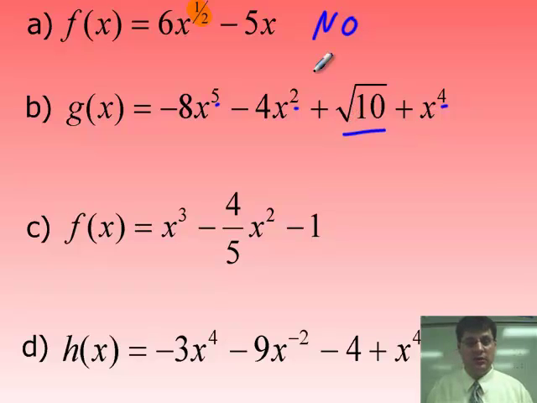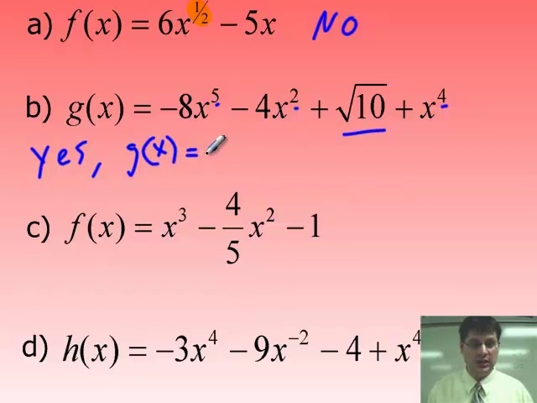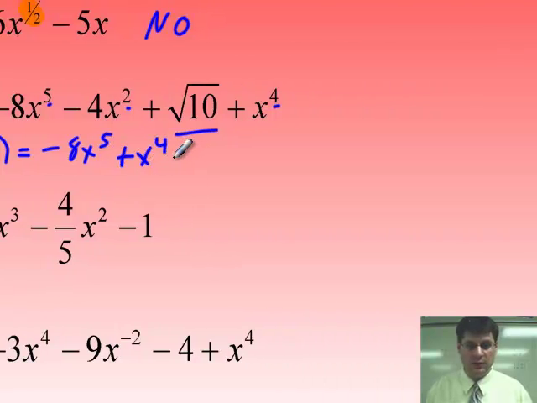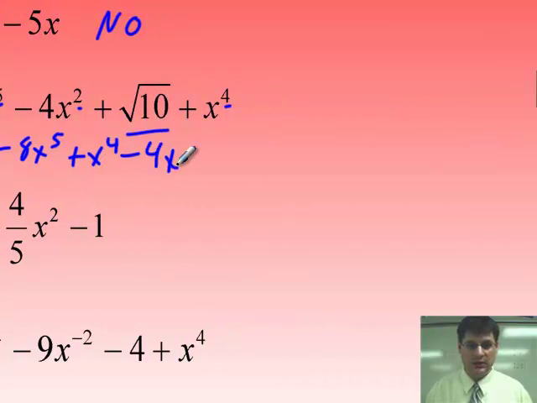So this is a polynomial function, so yes, it is one. And in standard form, we need to write it in descending order. So I'd say g of x is equal to negative 8x to the 5th plus x to the 4th minus 4x squared, and then our constant square root of 10.